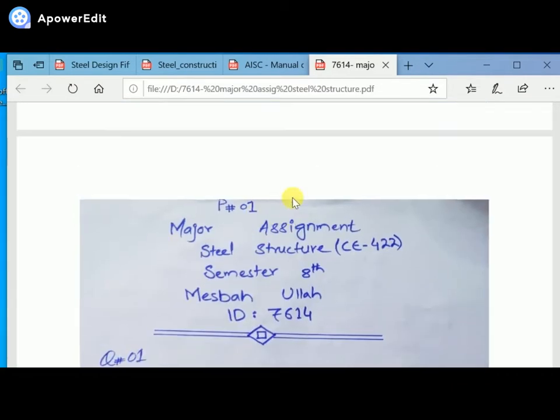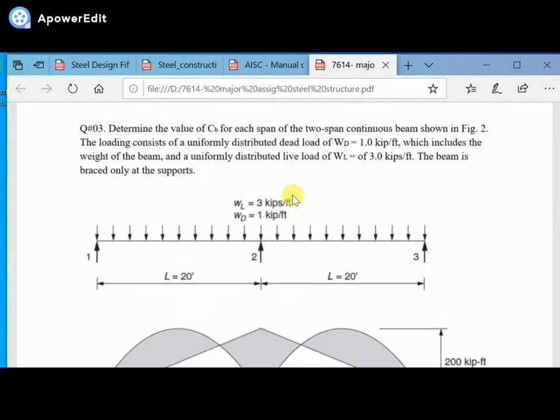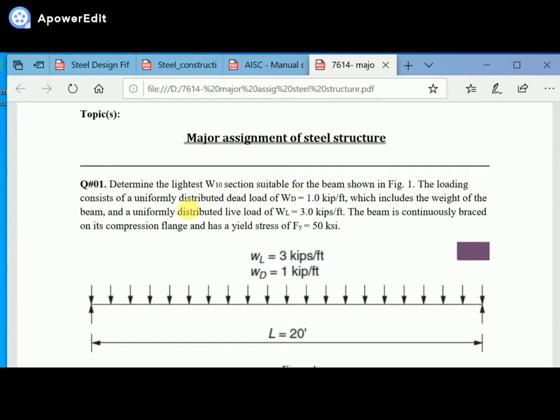The first question, I will repeat the question. Determine the lightest W10 section suitable for the beam shown in this figure. The loading consists of a uniformly distributed dead load of WD, that is dead load, but this is not a factored load, this is a service load, which includes the weight of the beam.